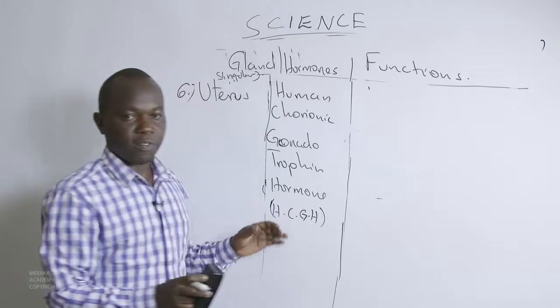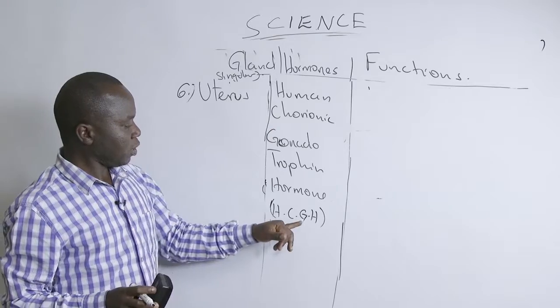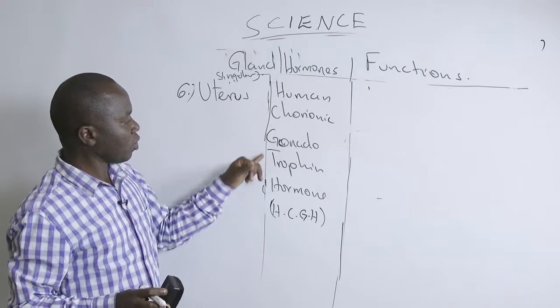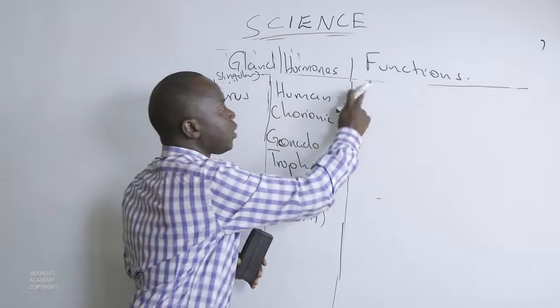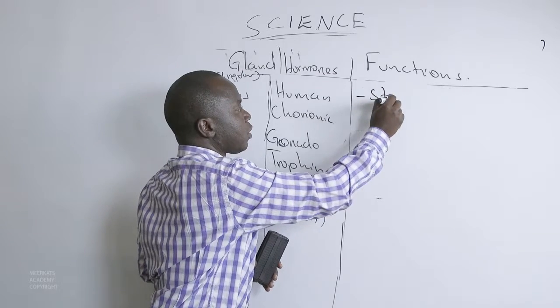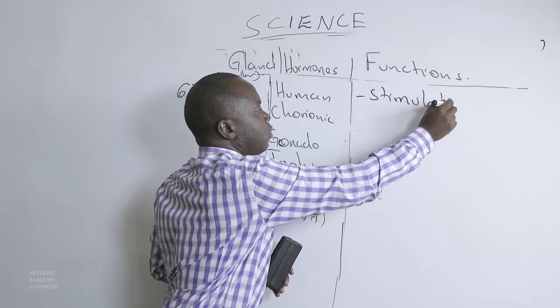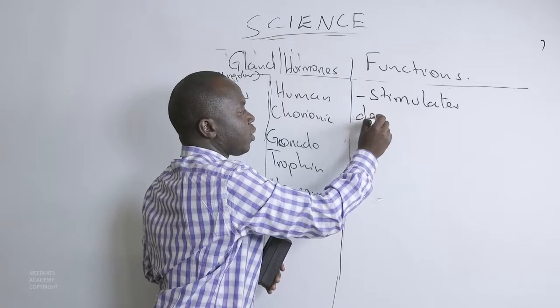So the major role of HCGH, human chorionic gonadotrophin hormone, is to stimulate development of endometrium.